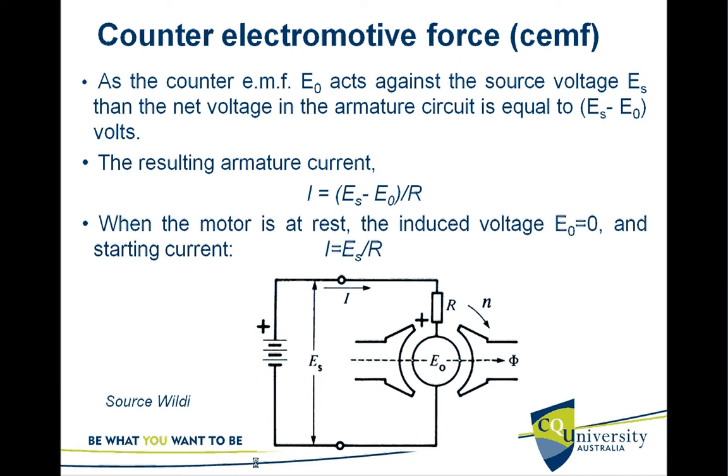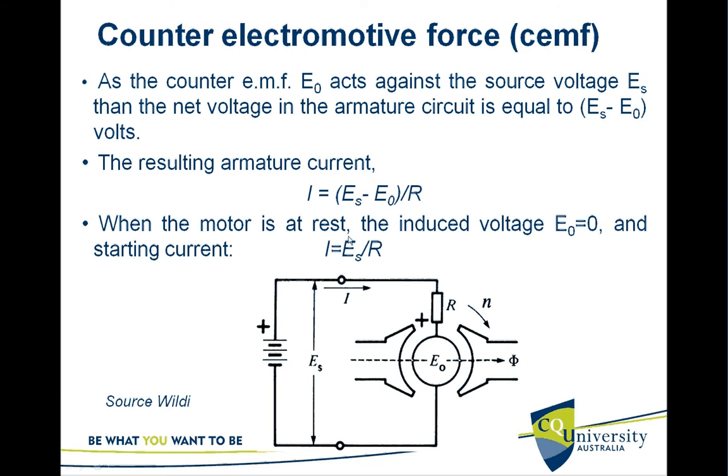If you look at the electrical circuit, E naught appears here, ES is the terminal voltage. So the net voltage between the input of the armature and the outside terminals will be ES minus E naught. The resulting armature current therefore is ES minus E naught divided by R, where R is the armature resistance.